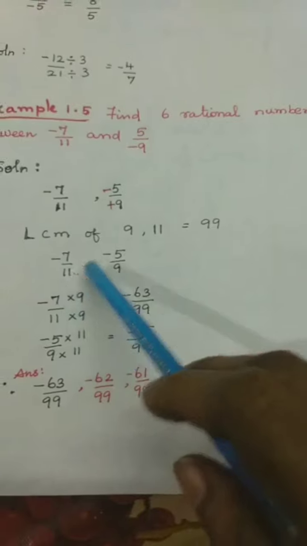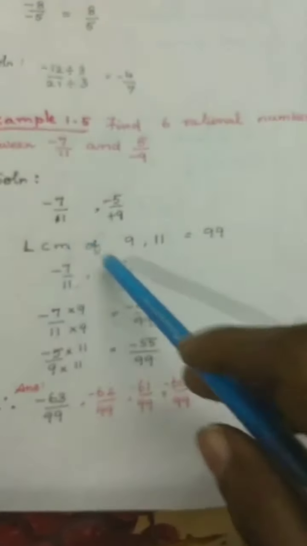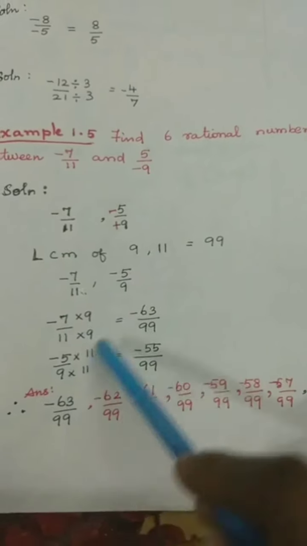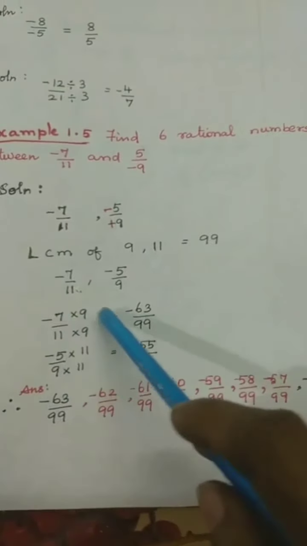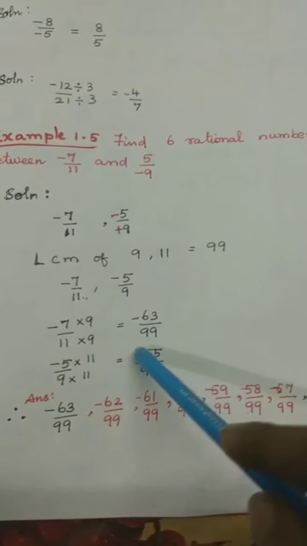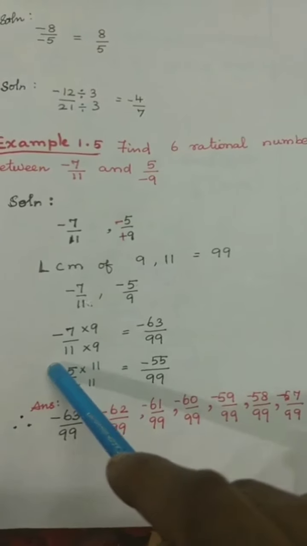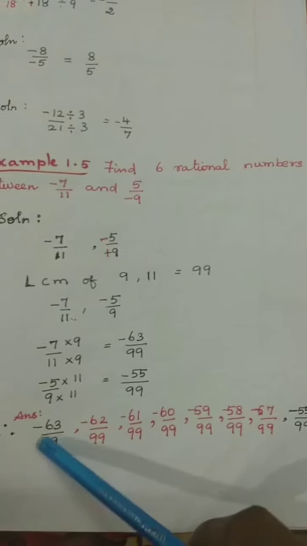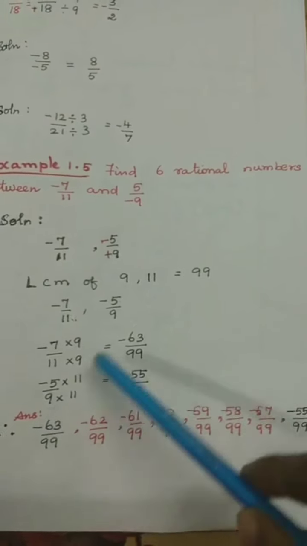That is, multiply by 9 and 9 here, and by 11 and 11 here. So minus 7 9s are minus 63 by 99. Then minus 55 by 99.